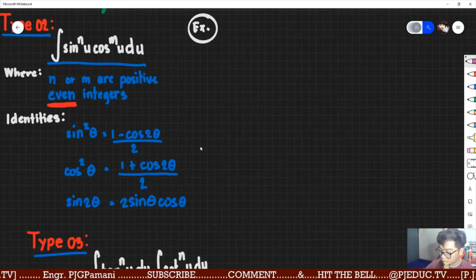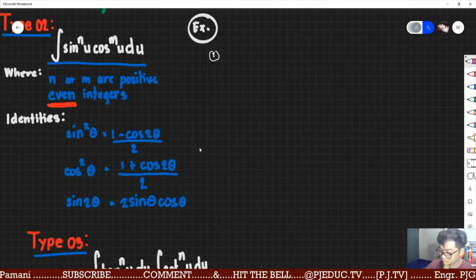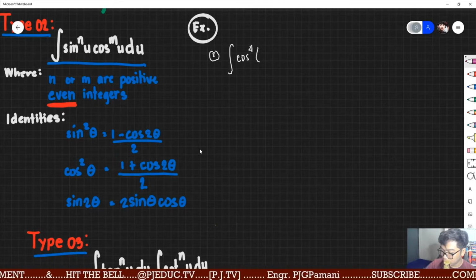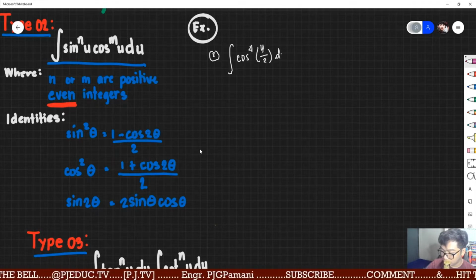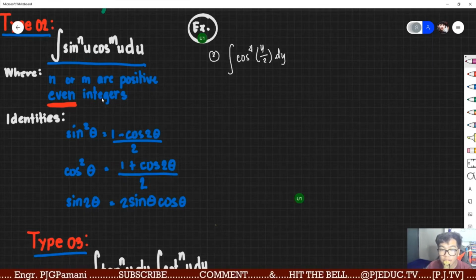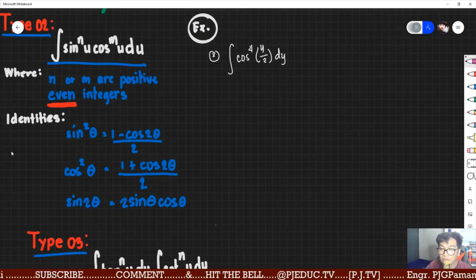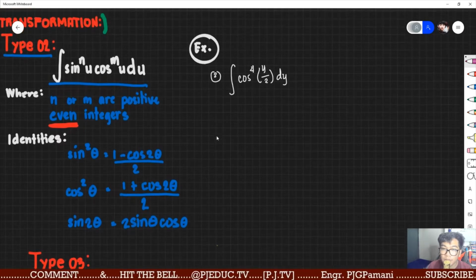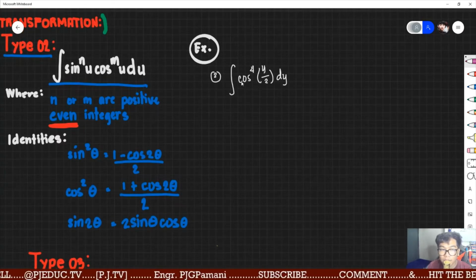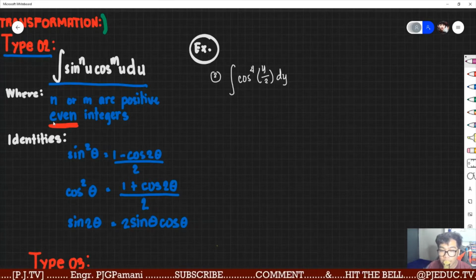Now, what if you're now asked to evaluate the indefinite integral of cosine raised to the 4th of y over 2 dy? Notice that it is also a positive even integer. But based on our available identities applicable for transformation type 2, wala tayong pwedeng gamitin to replace cosine raised to the 4th. Lahat yan raised to the 2.